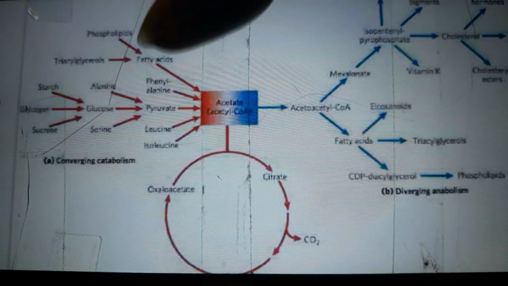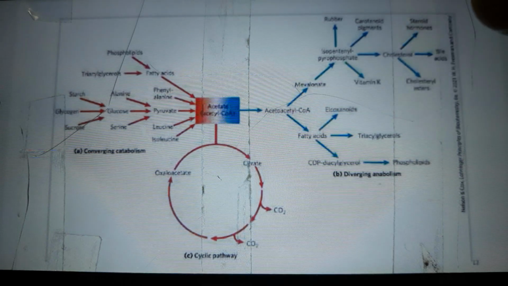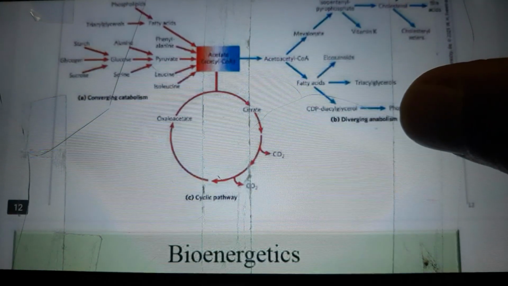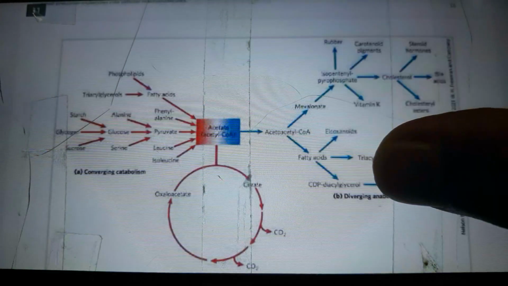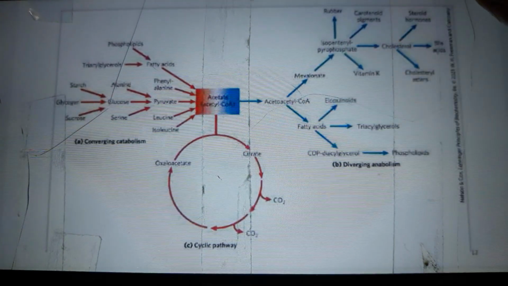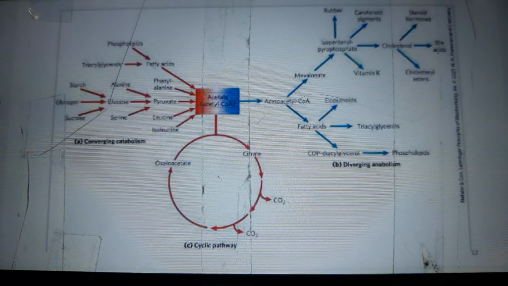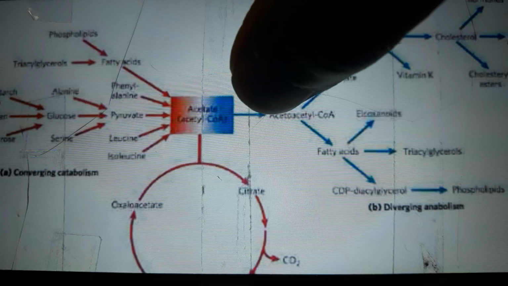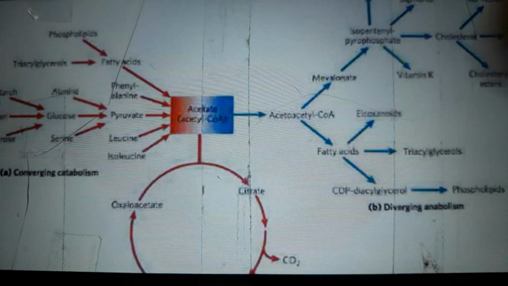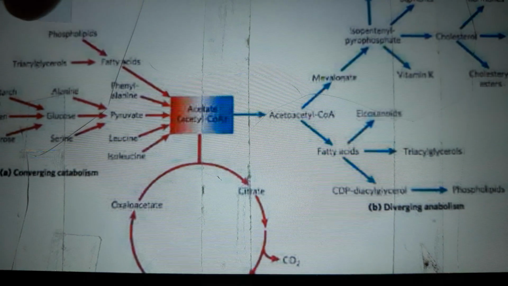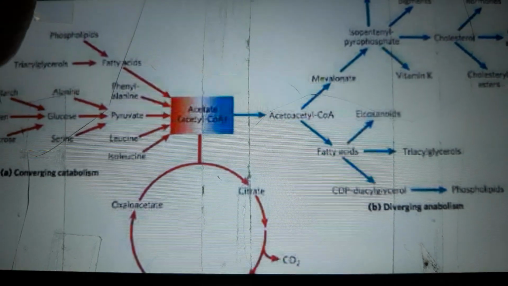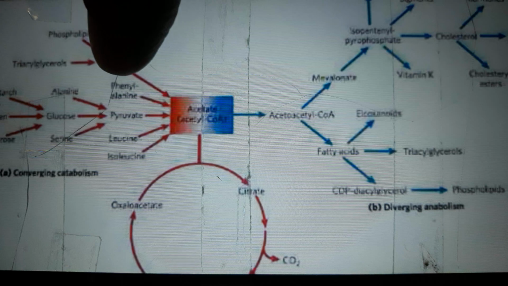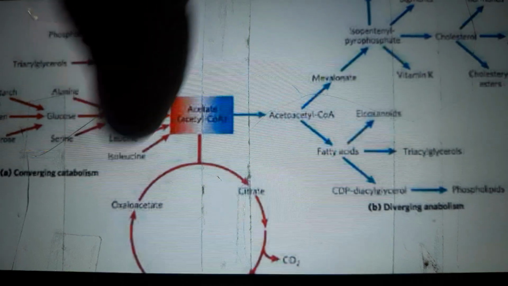And this is a flow chart of the cycle pathway, the citric acid, right? Or the TCA cycle, with acetyl-CoA being formed and then released this way. Phospholipids and triacylglycerols, starch, glycogen, sucrose, all in the presence of alanine, glucose, and serine.